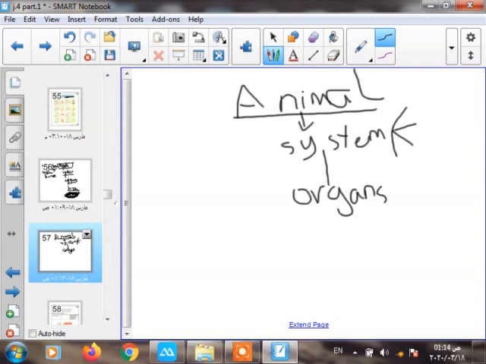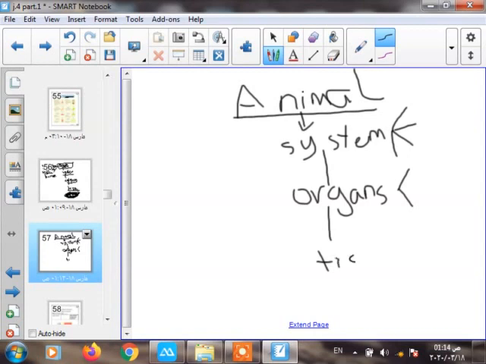For example, for the digestive system, which organs do we have? Mouth, stomach, and so on. For the respiratory system, we have lungs, nose, trachea. Excellent. And what about tissue?